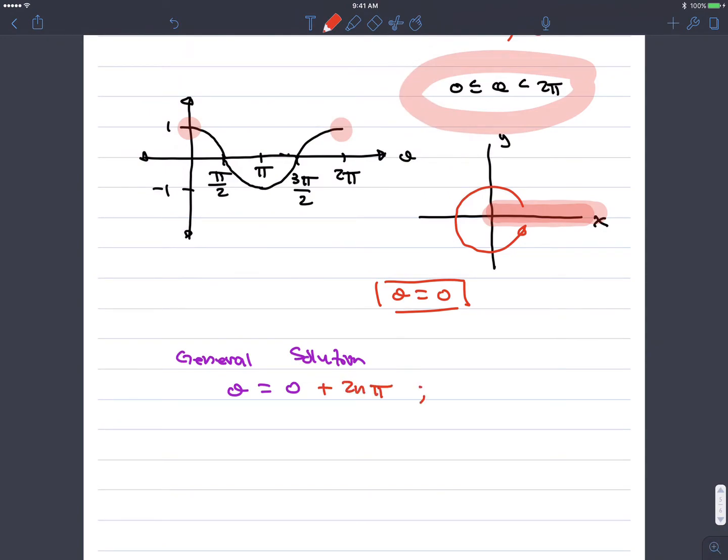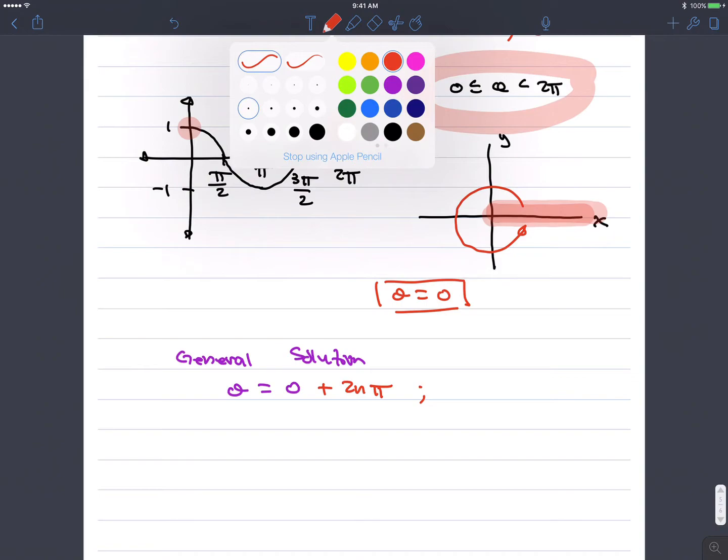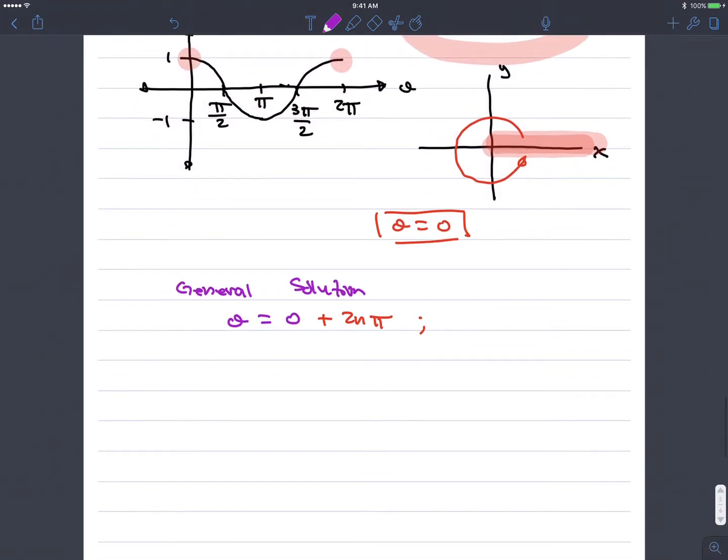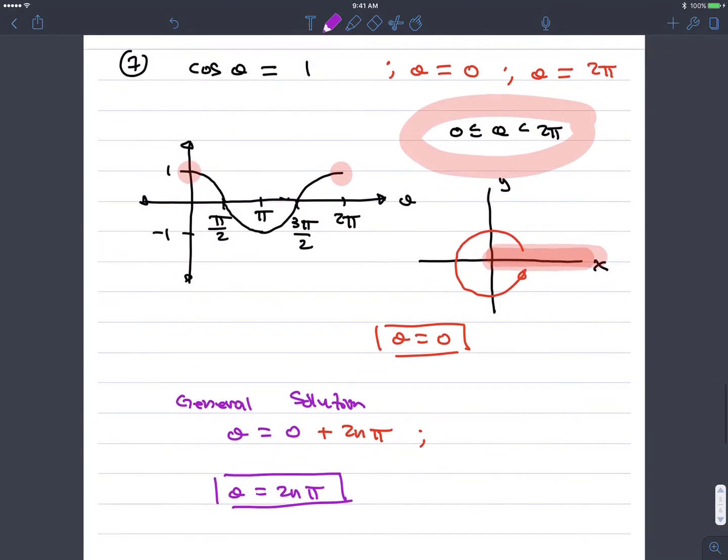And yes, n is an integer. But if I add 0 to anything, that means theta is simply going to be 2n pi. Okay, you good with this idea here? Pretty good? These are common questions.